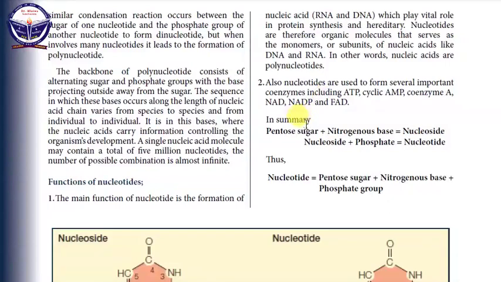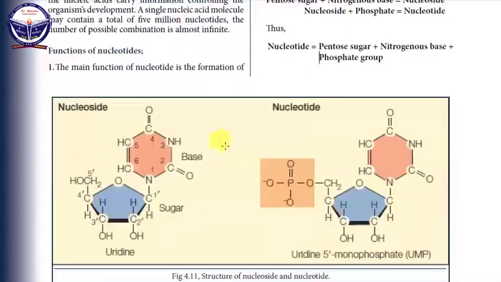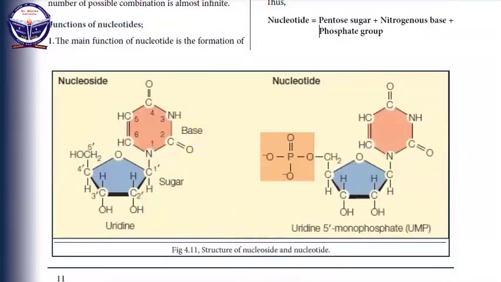In summary, if we take pentose sugar plus nitrogenous base, we get nucleoside. Then nucleoside plus phosphate, we get nucleotide. Thus, nucleotide is equal to pentose sugar, nitrogenous base plus phosphate group. You can observe the explanation in this diagram below here.